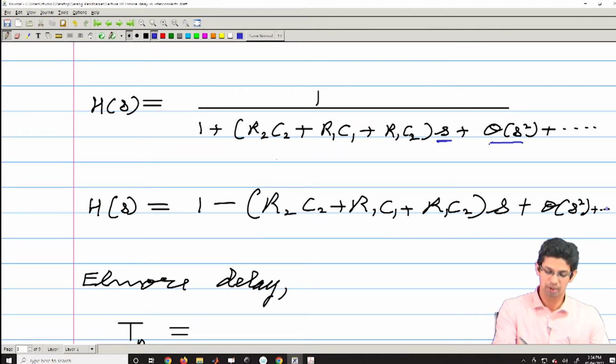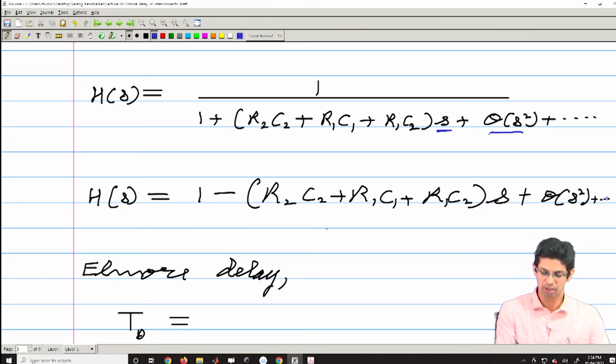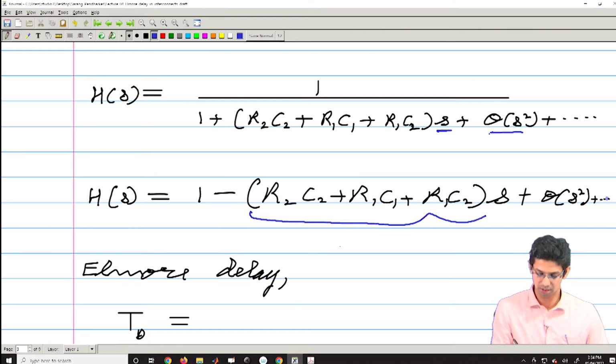So, then you bring it in the numerator, apply this binomial expansion, and you will be getting an expression like this. So, this in here is your Elmore delay.